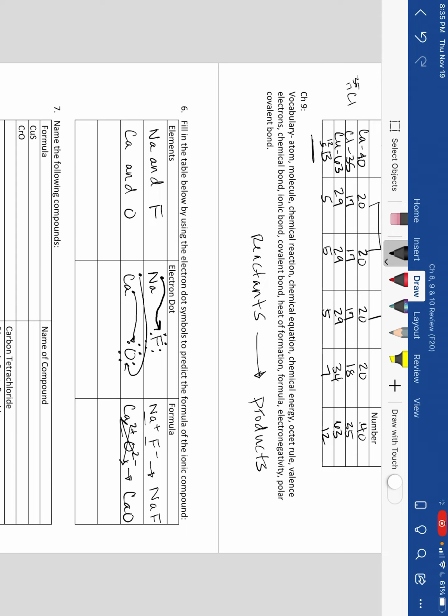Okay, let's do aluminum and sulfur. All right, so aluminum has 3, sulfur has 6. So 2 of these will go like this, but then you've still got one.